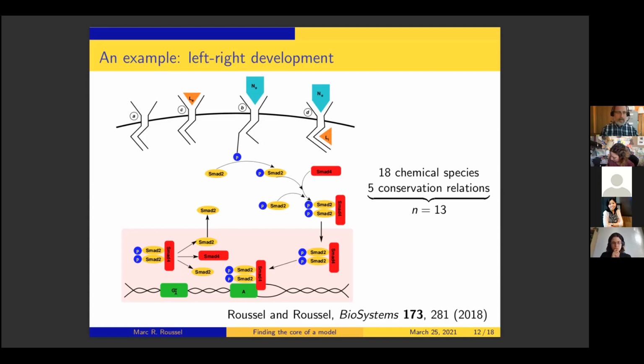Because of the time scale over which these things happen, and what we think is known anyway, we treated the total amount of SMAD4 as a constant. So there's a conservation relation associated with SMAD4 all by itself and SMAD4 in the complex, that kind of thing. When you take those into account, the number of chemical species minus the conservation relations is 13. So it's a 13-dimensional model, if you will.